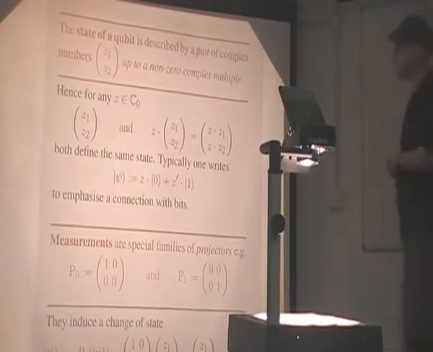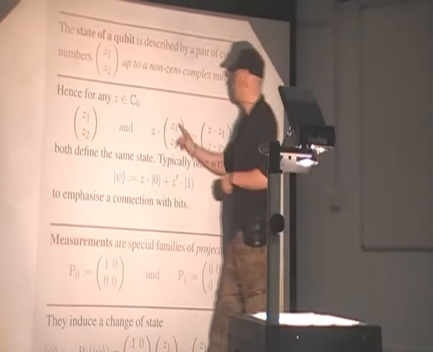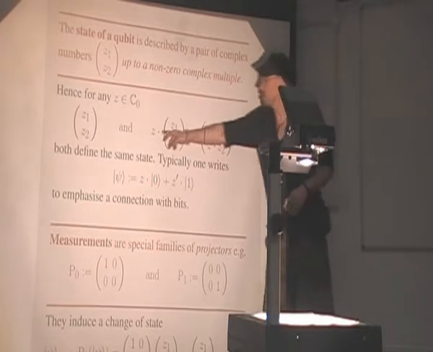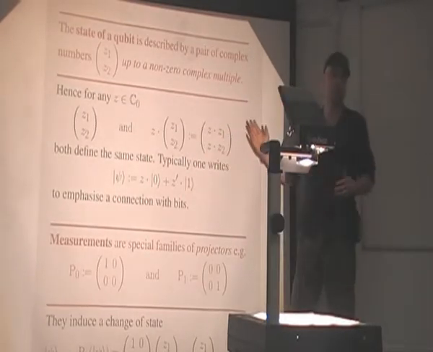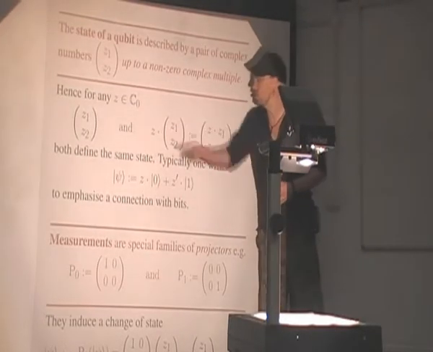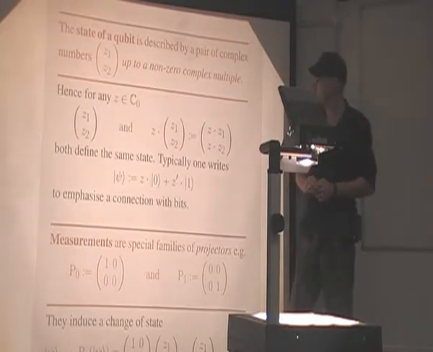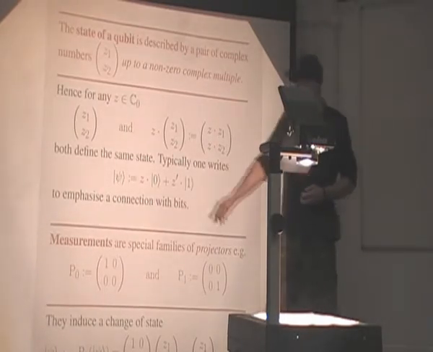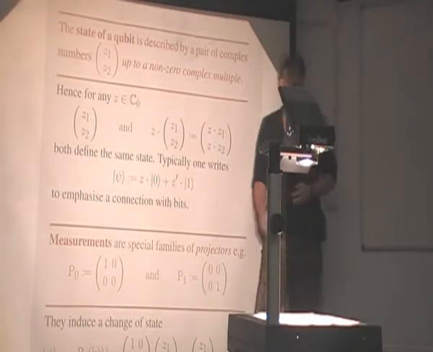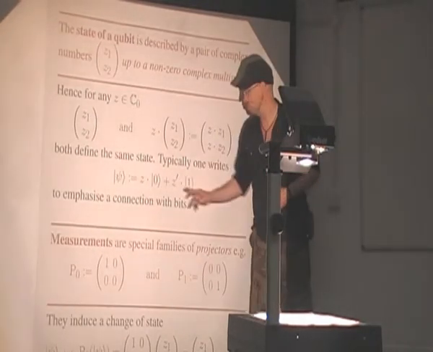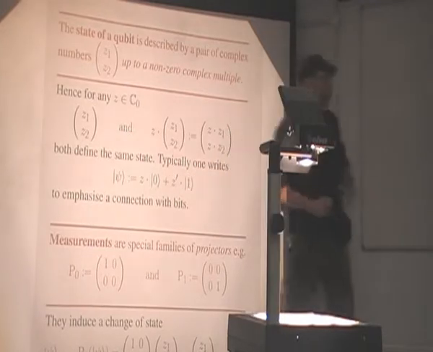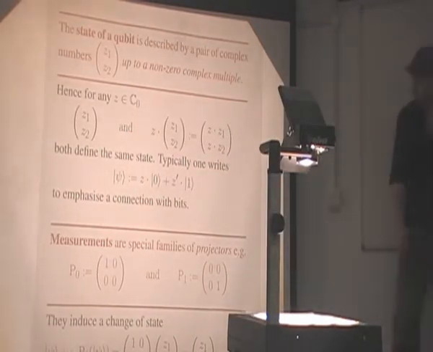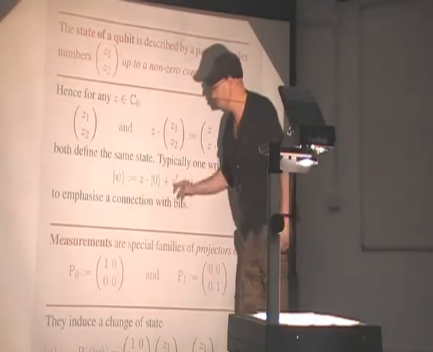That's where you describe them. So there are two numbers, and if you have a non-zero complex number as a multiple, then we're talking about the same state. And the typical notation, which I was saying, is people tend to use this as a notation for a basis vector like 0 and 1. So this is a choice of basis, like I indicated here. And then you've got your complex coefficients.